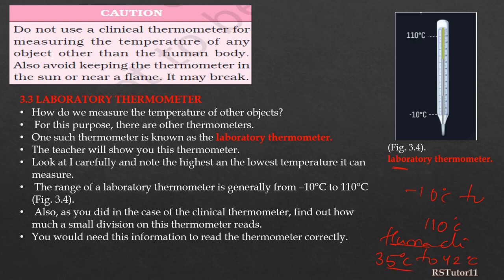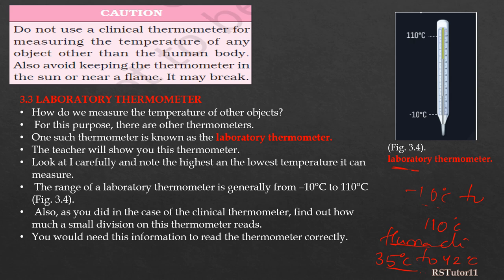This is the normal clinical thermometer, which is used to measure the human body temperature, whereas laboratory thermometer is used to measure the object temperature. Also, as we did in the case of the clinical thermometer, see, in the same way, a small division on this thermometer reads. You would need this information to read the thermometer correctly.